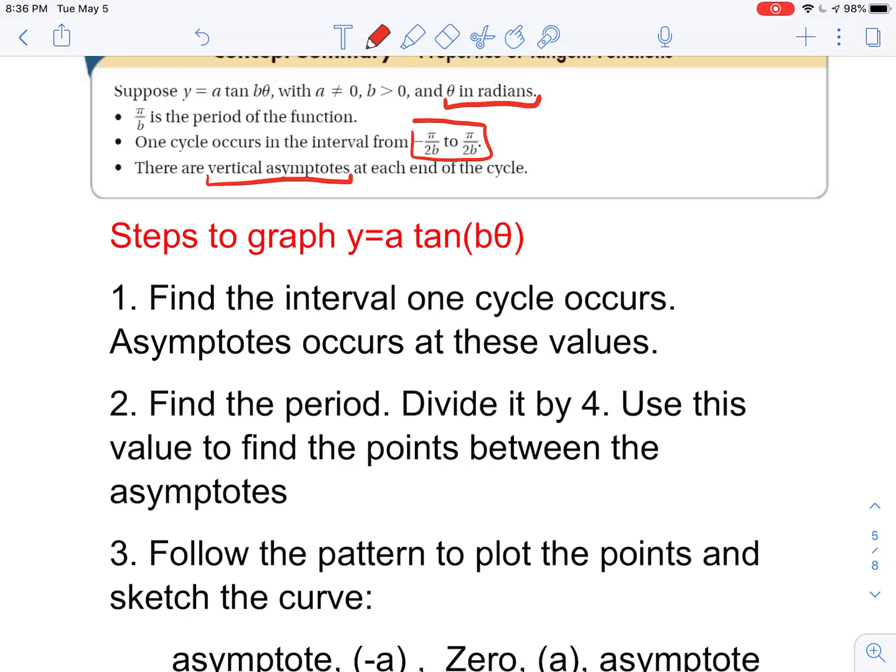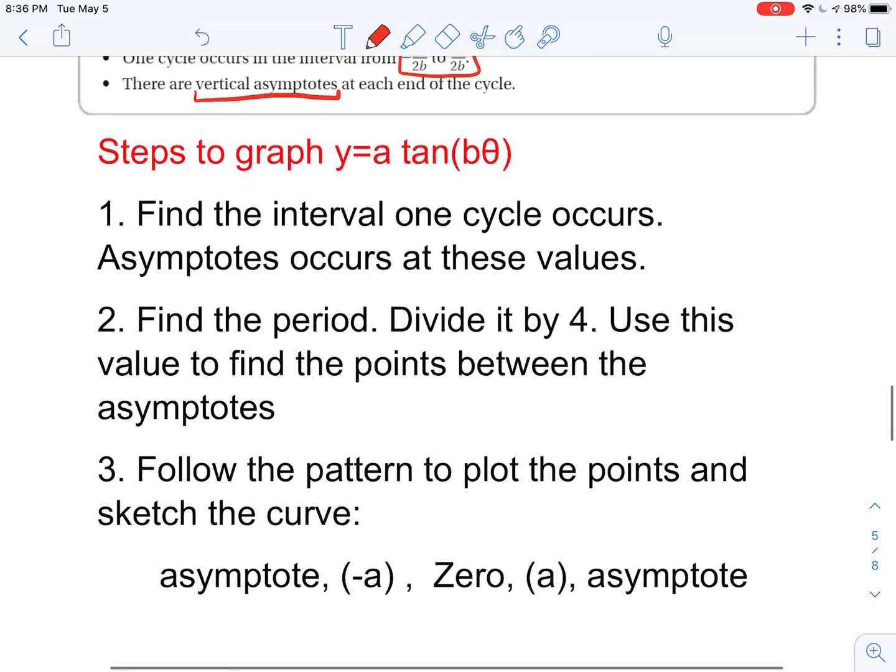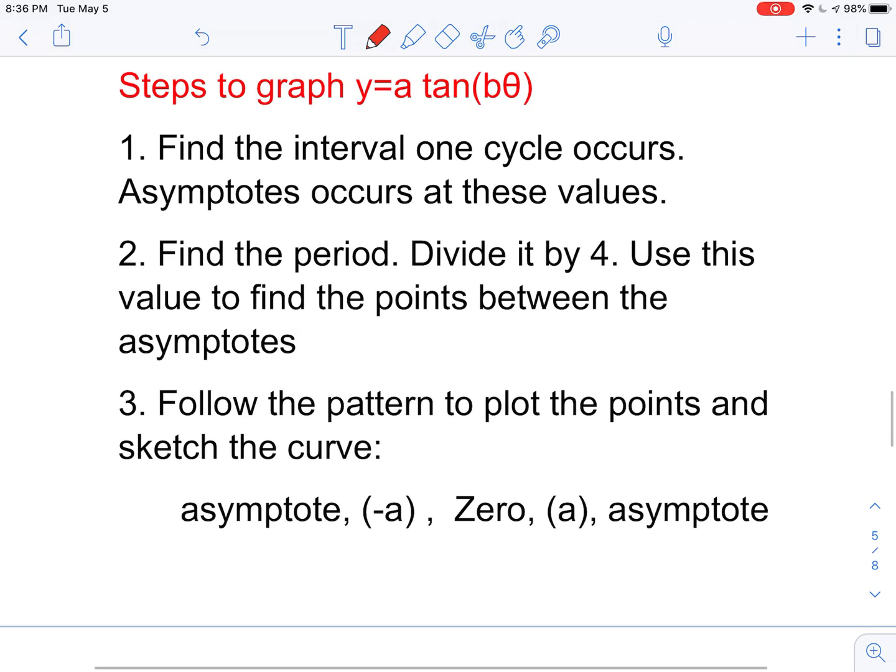The rest of the graphing is going to be very similar to the sine and the cosine, right? We're going to have a period. We have to find it. We're still going to divide it by 4 because all the major points of our tangent functions are going to be divided up into 4 parts, okay? And we're going to find a pattern.